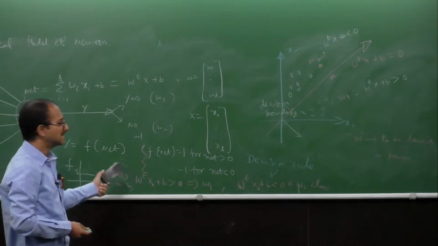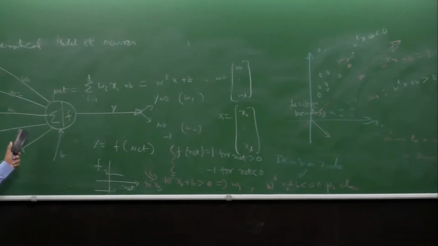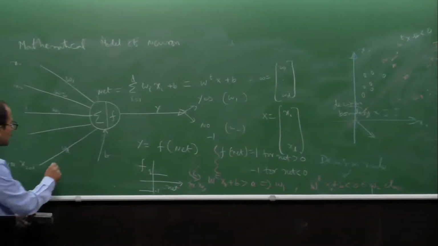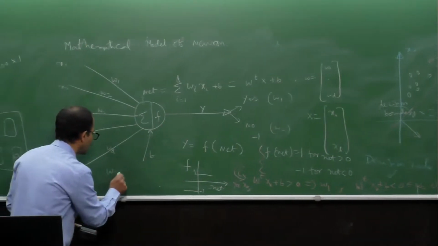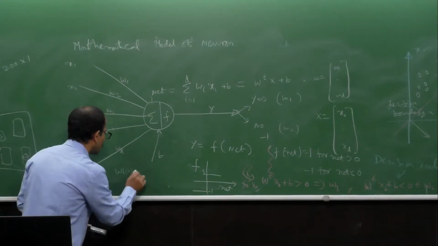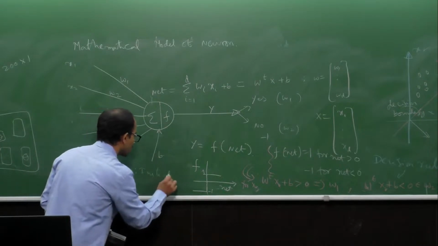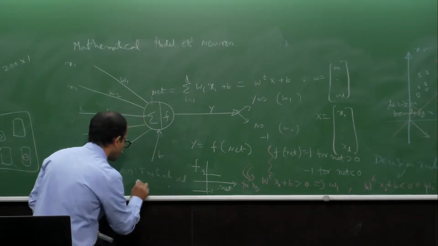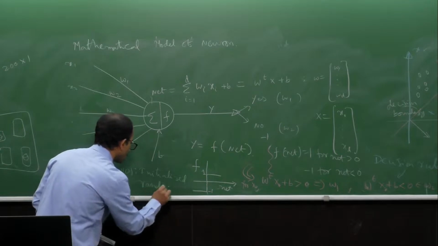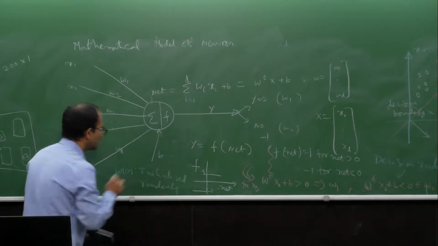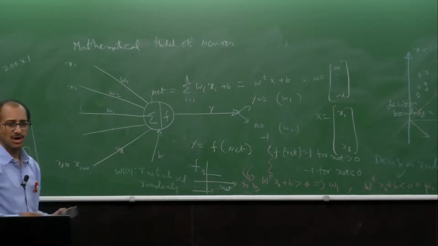We start initially with random weights because we don't have any information. Assume that I started with W being random, W naught, initialized randomly, and then we start this process.